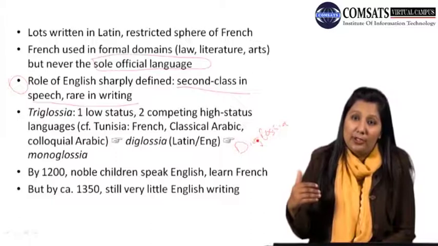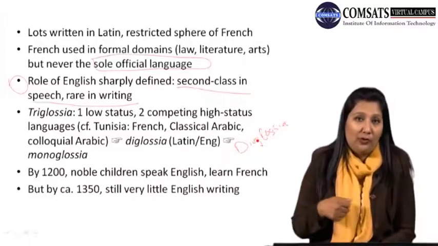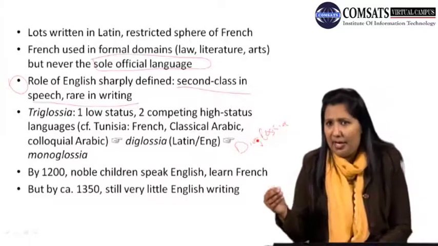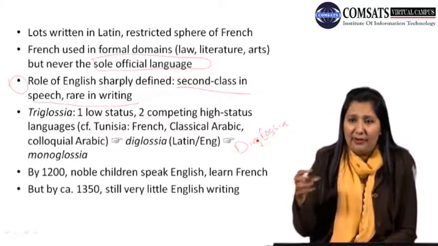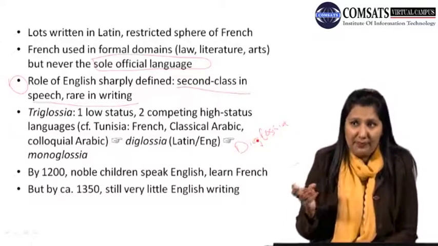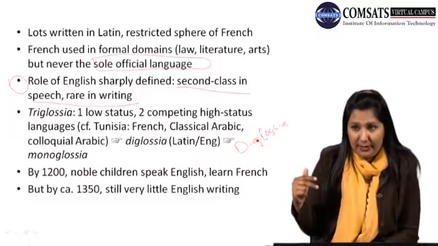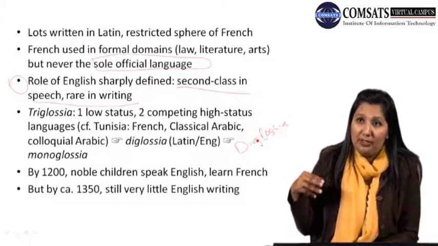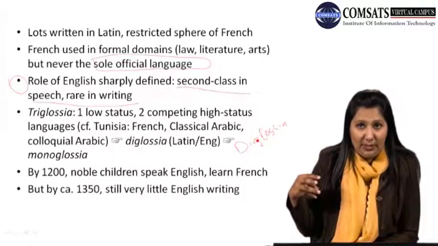Arabic is the language in which many books have been written. As in our country, MA in Arabic, BA in Arabic, we have been reading Arabic literature. The third is that it is also spoken by the people. That is Arabic.